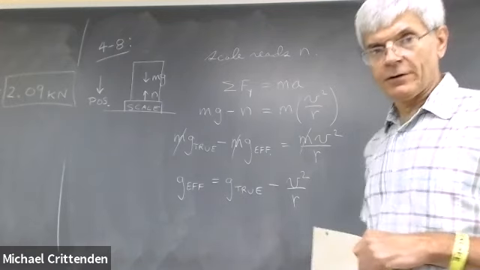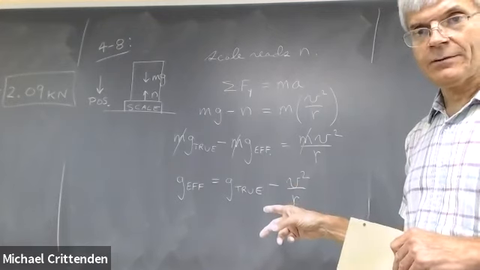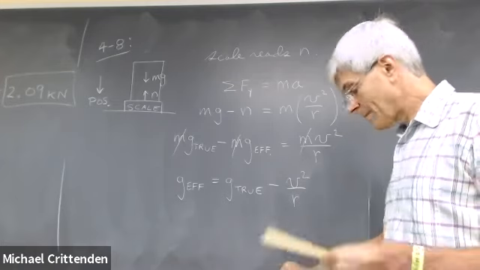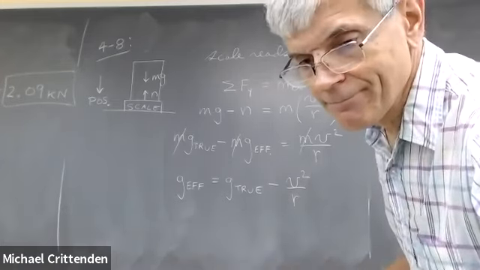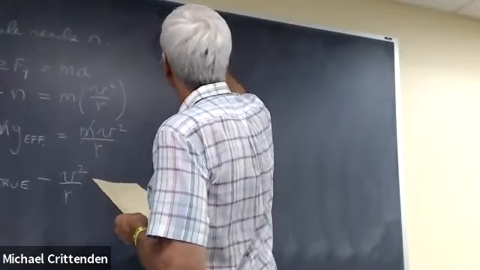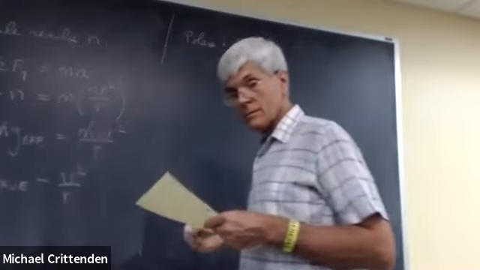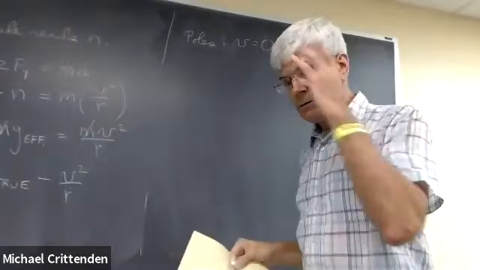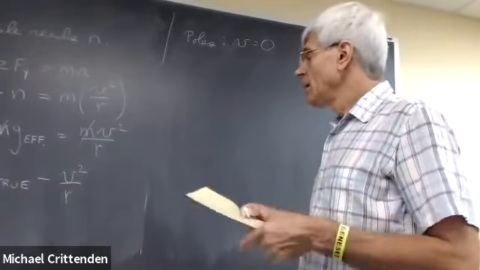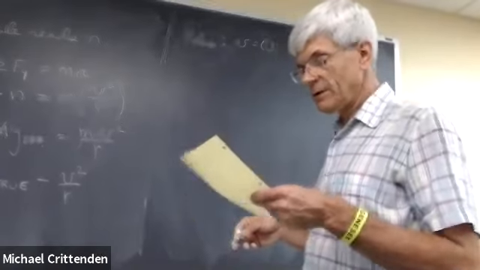Because of the centrifugal force, the apparent value of the gravitational acceleration will be reduced by v squared over r. So at the poles, v is equal to 0, and the effective weight and the true weight are the same thing. At the equator, well, we need numbers to fill in for v squared and r.